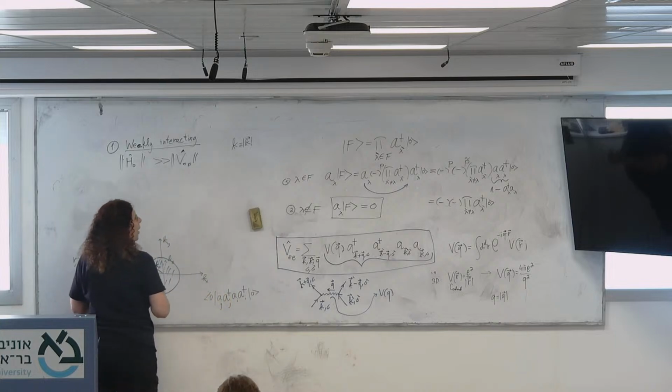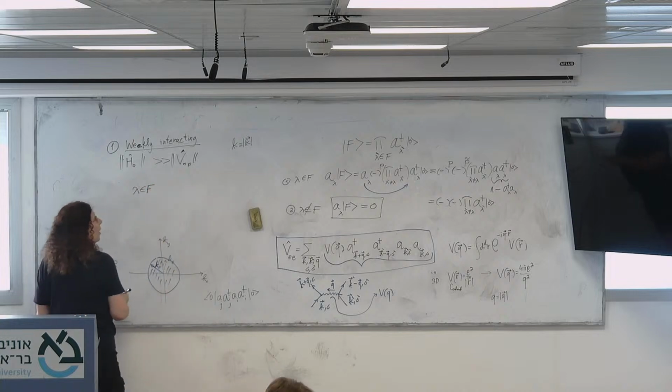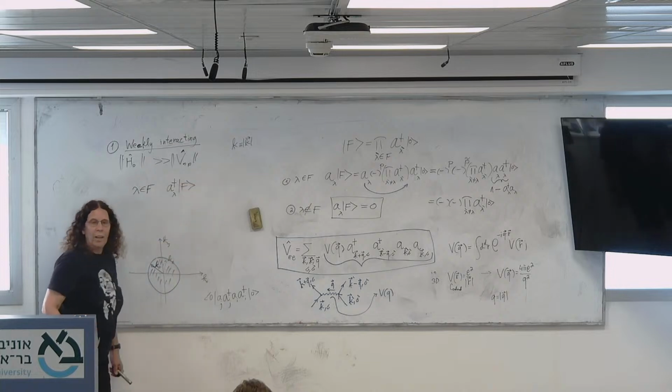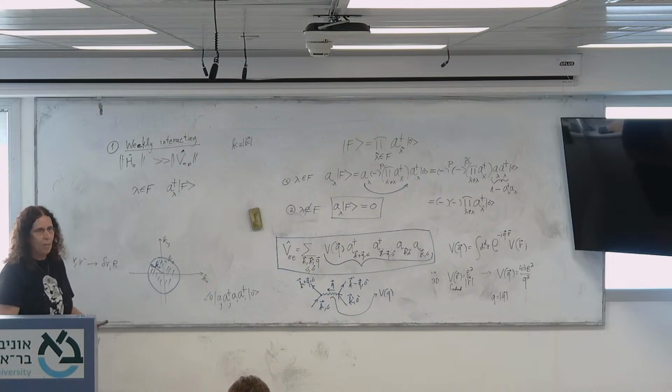If I now take lambda that is inside the Fermi sea, and I apply a lambda dagger on F, what will I get? I create another fermion in a state that is already occupied.